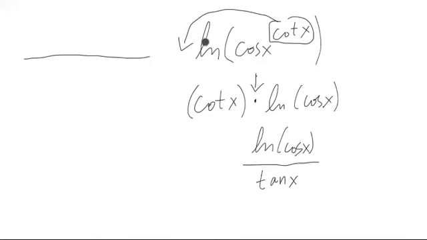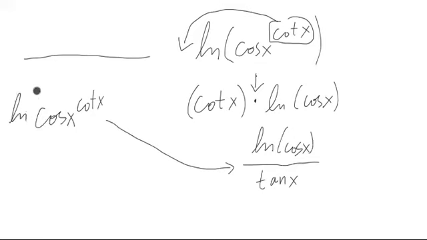So notice that we started with cosine x to the cotangent x, and see what we did. We modified it into a fraction. The way we did that is we had to put this inside of a natural log.